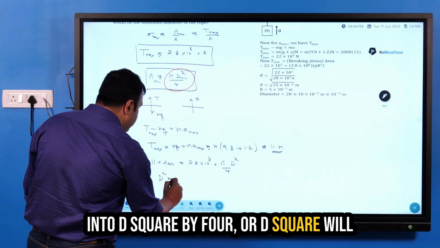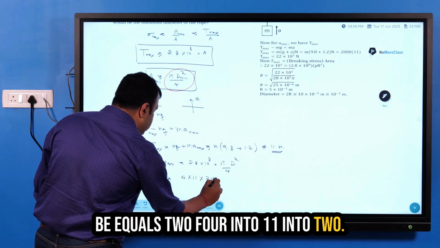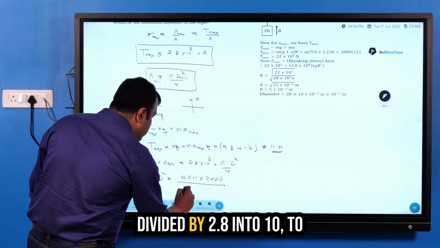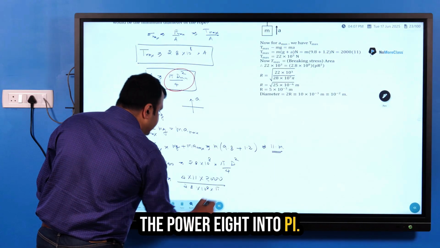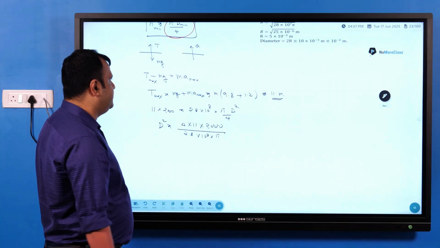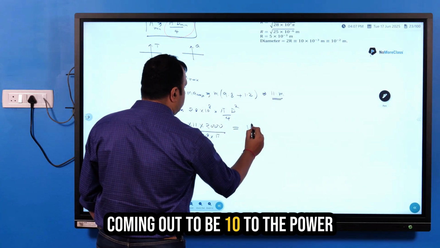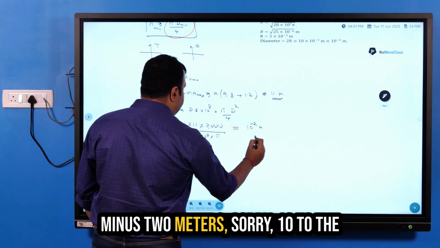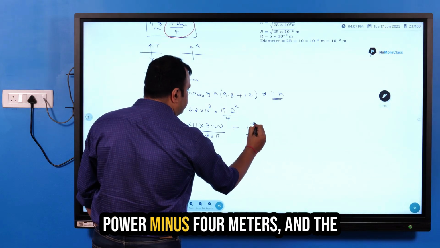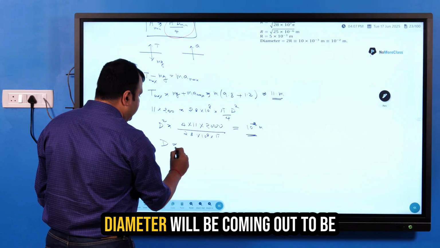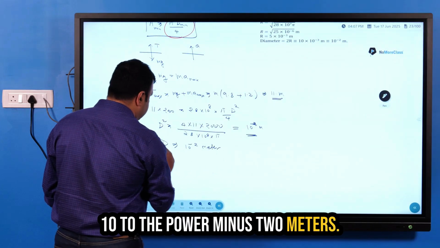So d square will be equal to 4 into 11 into 2000 divided by 2.8 into 10 to the power 8 into pi. When you calculate this, it will come out to be 10 to the power minus 4 square meters. And the diameter will come out to be 10 to the power minus 2 meters.